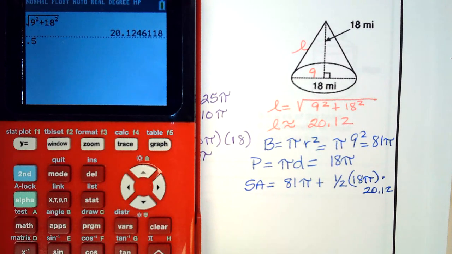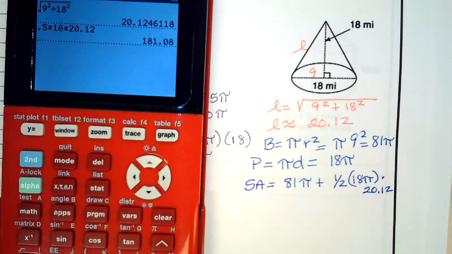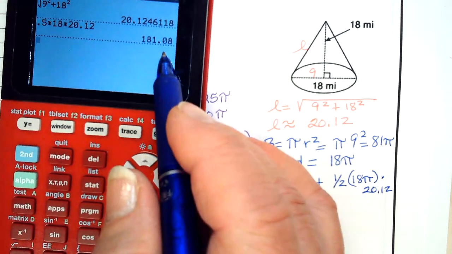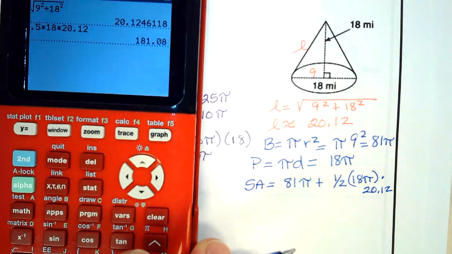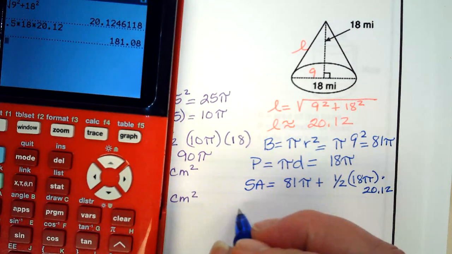Okay, 0.5 times 18 times 20.12 gives me 181.08. That is such a small amount that I am going to round it to 181.